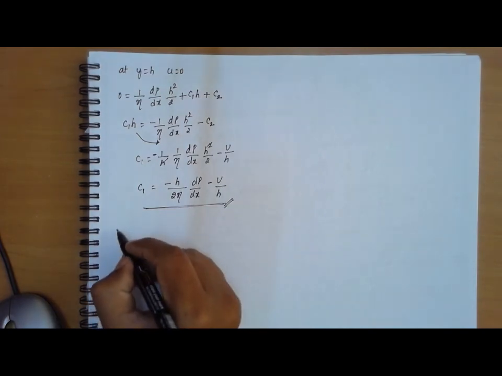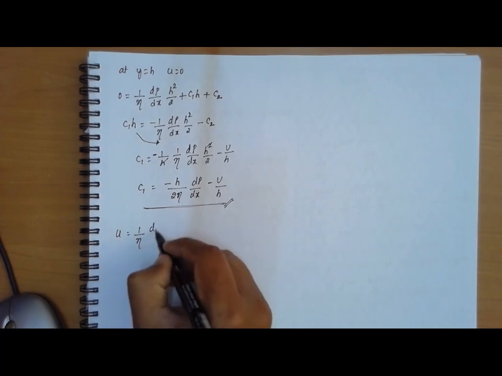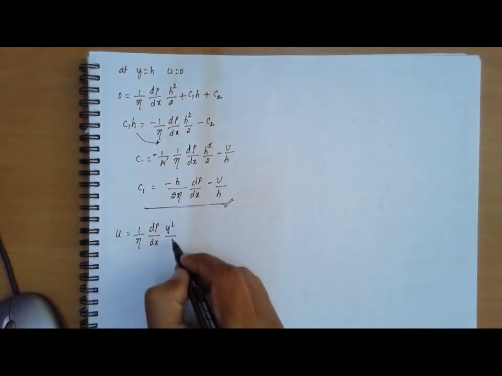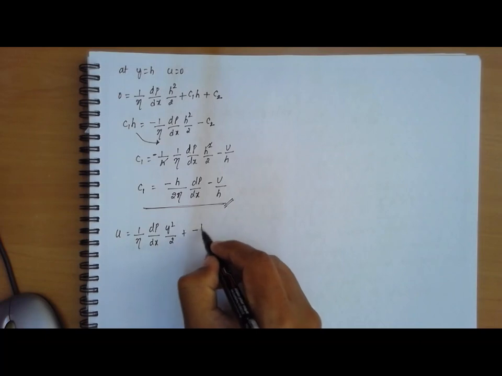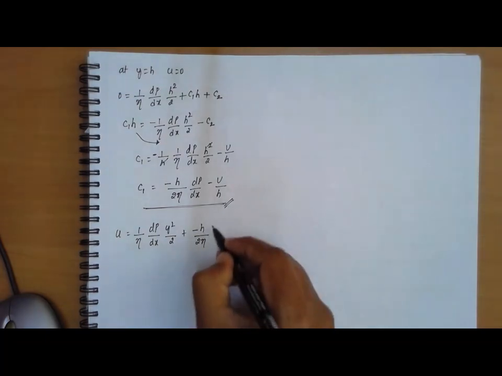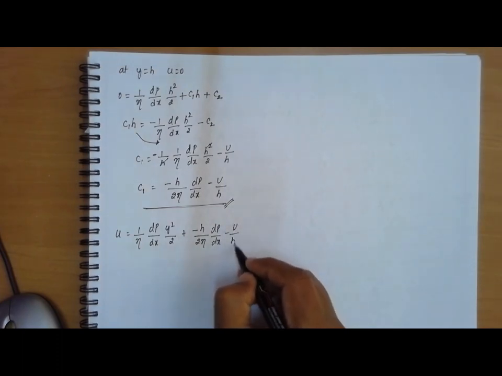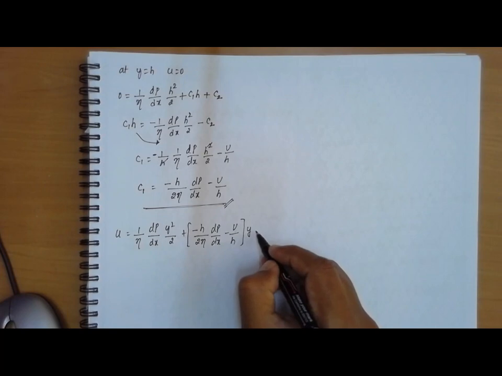So that u equation will become 1 over eta into dp by dx into y square by 2, plus c1 into y, where c1 is minus h divided by 2 eta into dp by dx minus u by h, into y, plus c2, which is u.